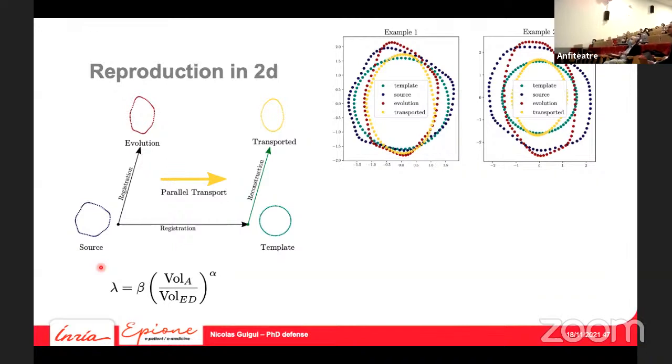And if we were to have a curve that is not geodesic between the ED frame and the atlas, then we can always approximate it by a finite number of geodesics and transport along each geodesic to apply the same framework. Yeah, so this is very interesting for a better connection with the actual application.